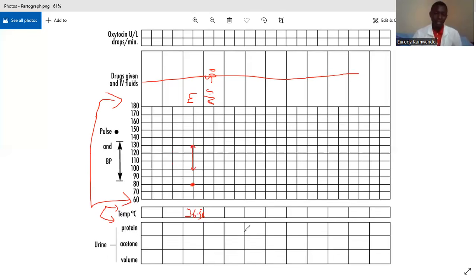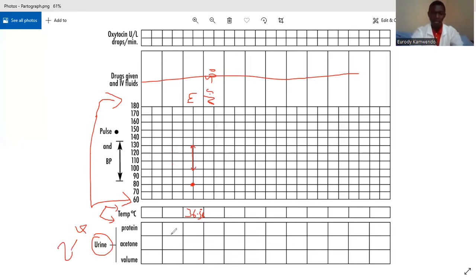Then the last thing that you need to check is urine. When it comes to urine, you need to record the woman's urine output every 2 hourly or 4 hourly. And once you get the urine, you need to do a mini urinalysis where you check for protein.